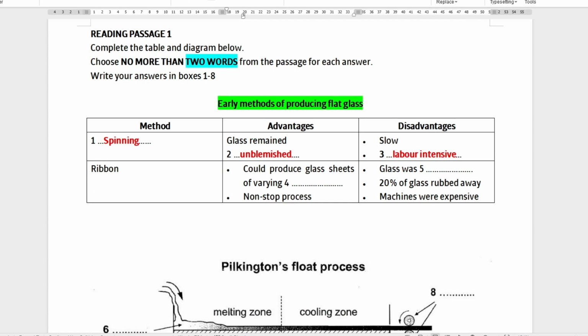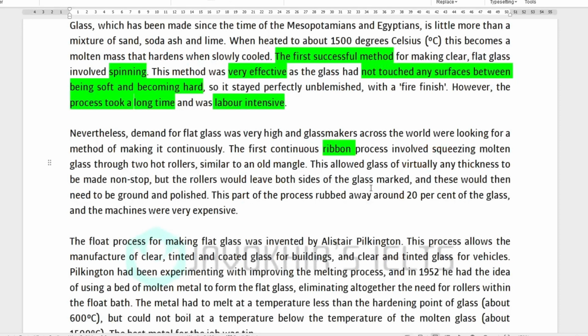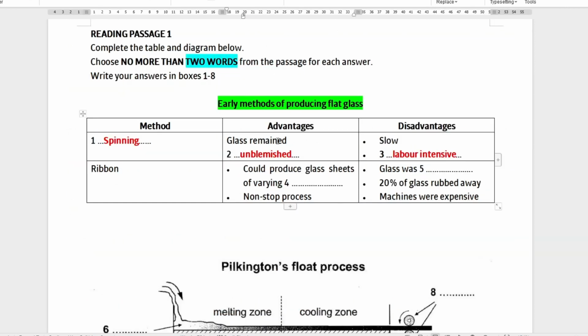So could produce glass sheets of varying thickness, because it says virtually any thickness. This is going to be the answer for us. Varying means different thickness.